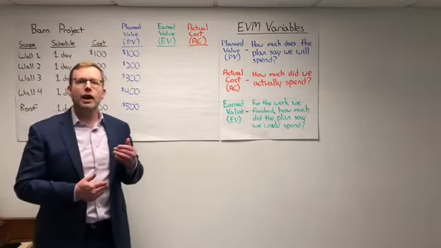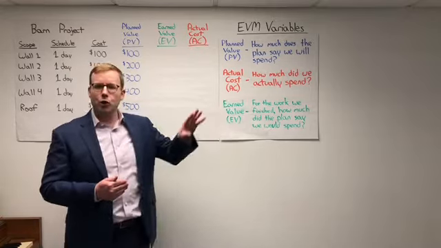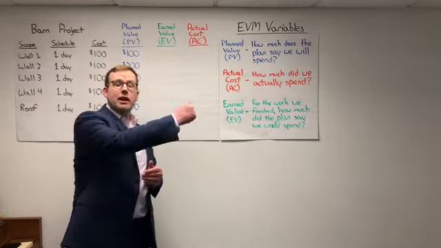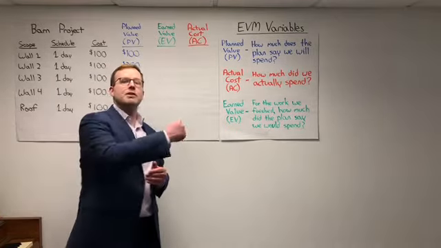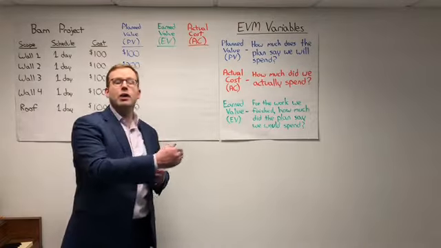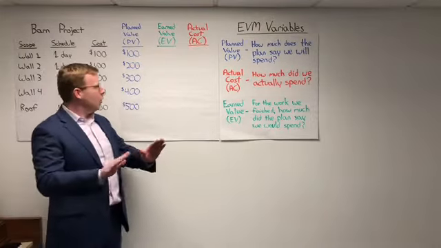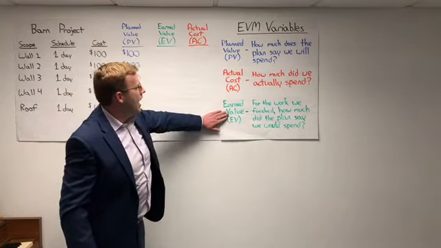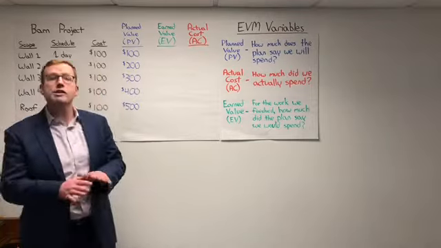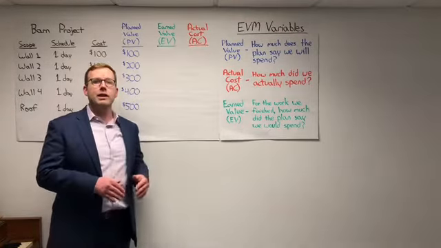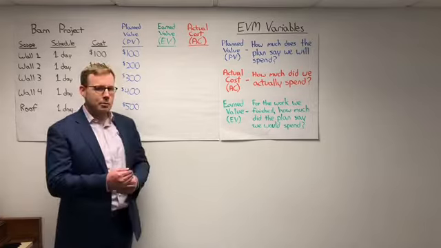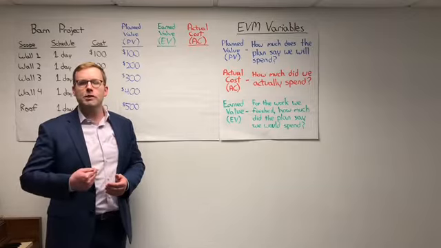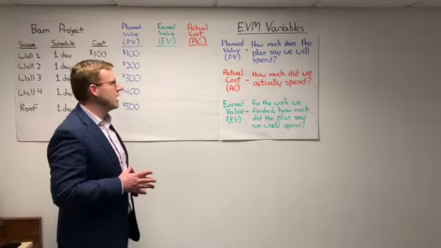We will also look at how we can do some of the forecasting or forward-facing calculations that determine the expected end result of our project and what kind of performance we would need to achieve in order to get there. But for now, we're just going to be looking at these three variables: planned value, actual cost, and earned value, because understanding these and knowing how to identify these on your project is the first step to being able to run those calculations and identify variance and performance index, as well as some of our forecasting metrics.